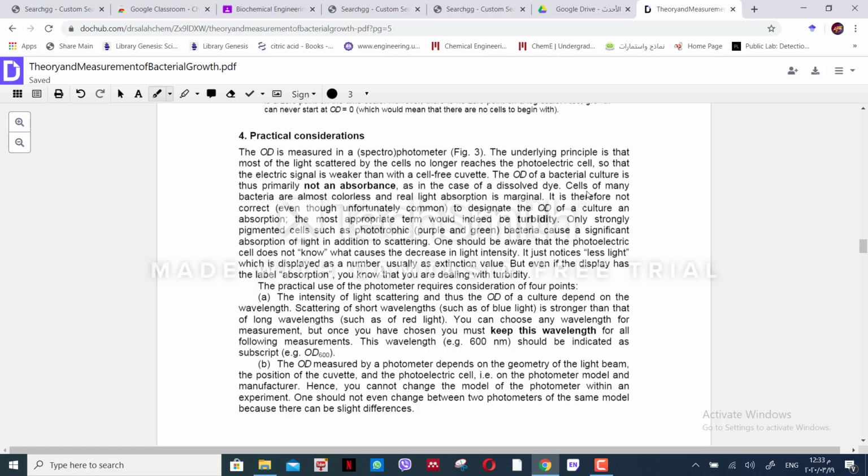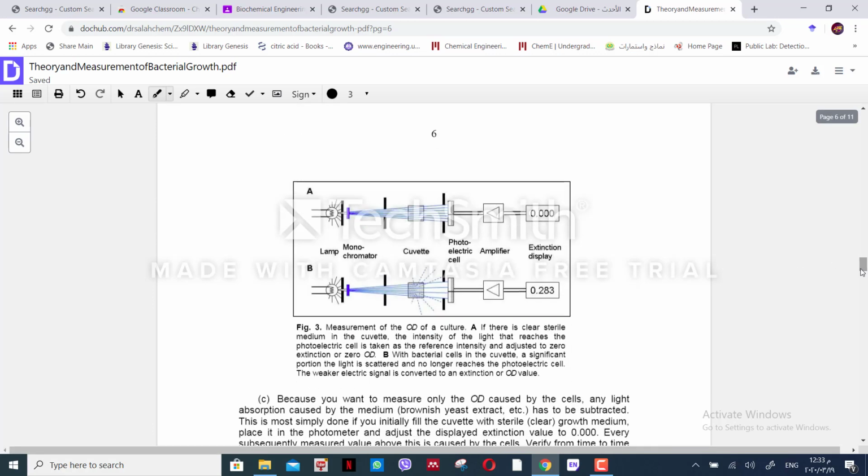So when we use a source of light, I'll explain here, this is the basis of the photometer. So we have the source light, then we have here our cuvette. This cuvette will be in some form like this, and we will fill this with our sample.